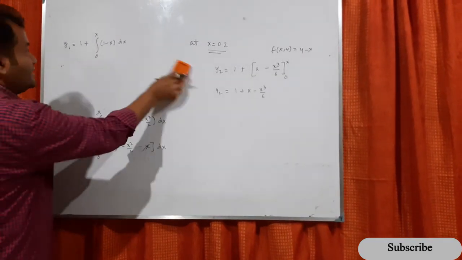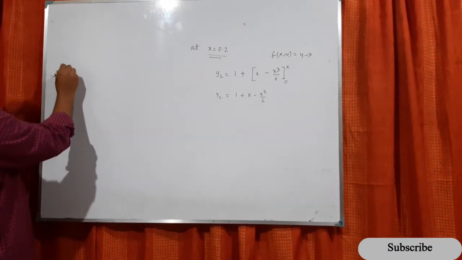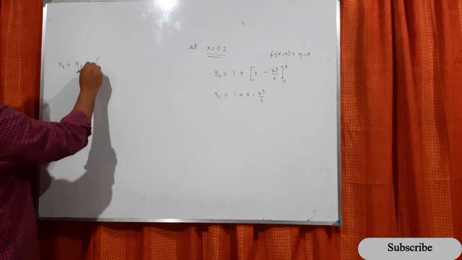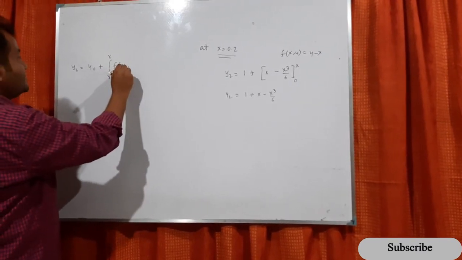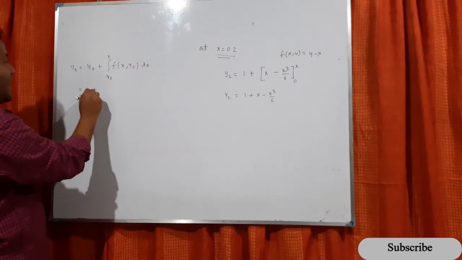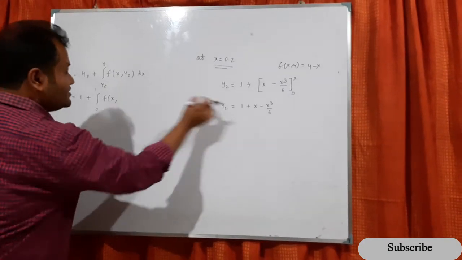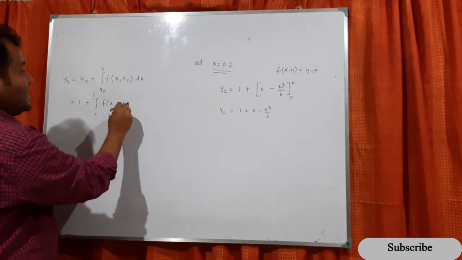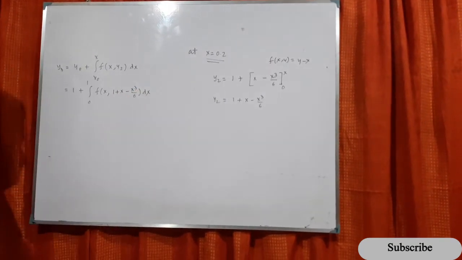Similarly, we can find y3. So what about y3? This will be the same: y0 plus the integral from x0 to x of f(x, y2) dx. So y0 was 1, integral 0 to x of f(x, y2), which means this one, 1 plus x minus x cubed by 6, dx.